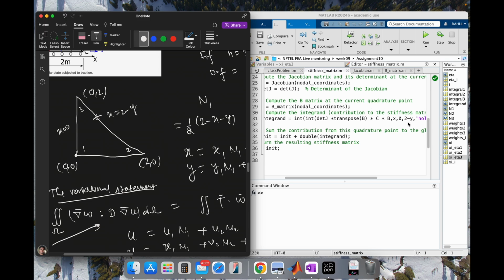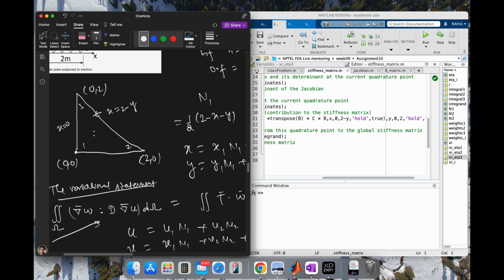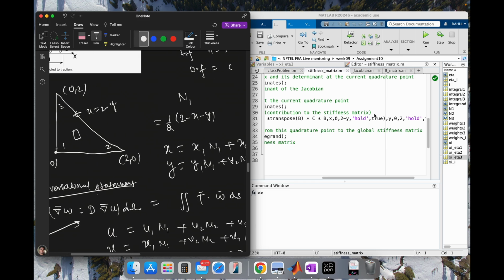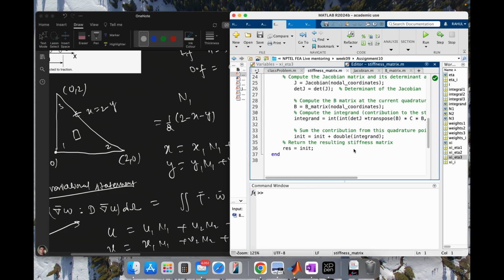That's why I am using it here. And then y equal to 0 to y equal to 2. In this way we will get the integrand, and it will be populated into the stiffness matrix.